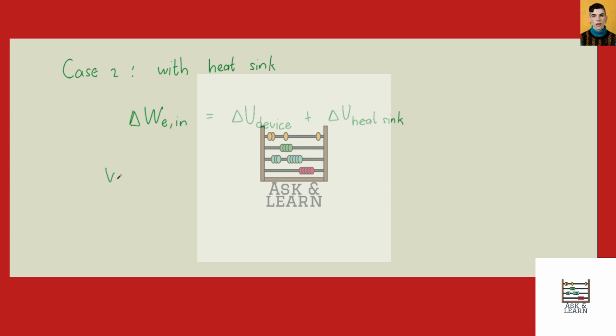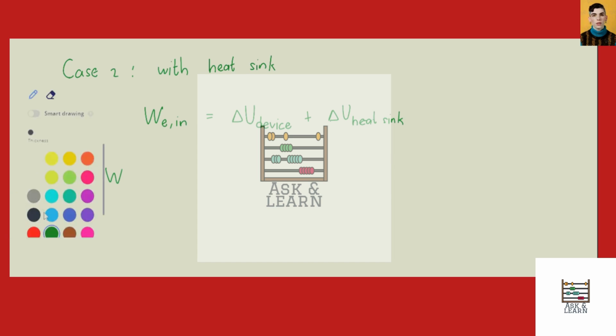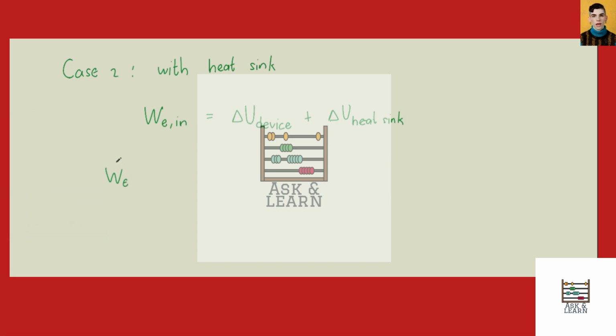So again, if we write this as W_E, it's not delta, it's W_E. We write this as the rate W_E dot into the device times the total time delta t, which must be equal to mc times the change in temperature of the device, plus mc, this is c for the heatsink now, the specific heat, and T2 minus T1, and this is for the heatsink.